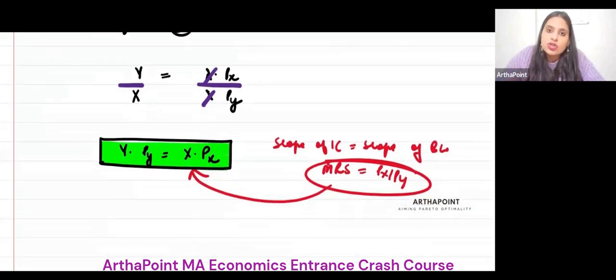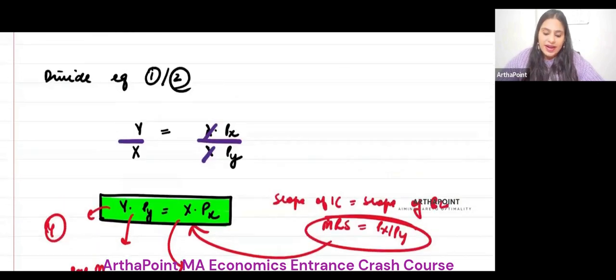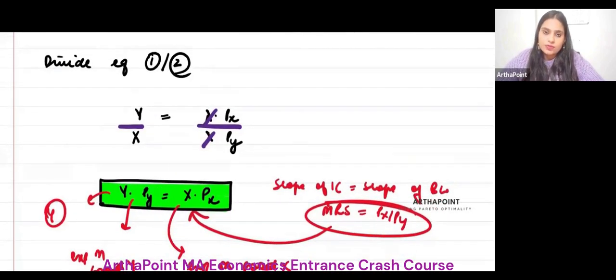And this interpretation also we did, that expenditure on good Y must be equal to expenditure on good X. We've also done this. So this is a familiar equation. I have got this as equation number 4 by dividing these two equations.